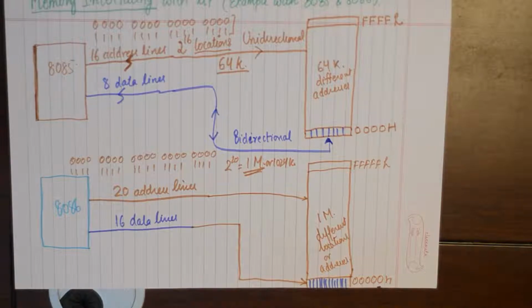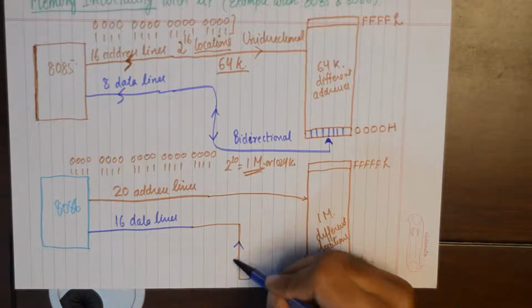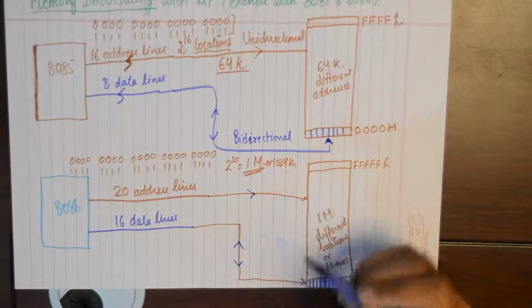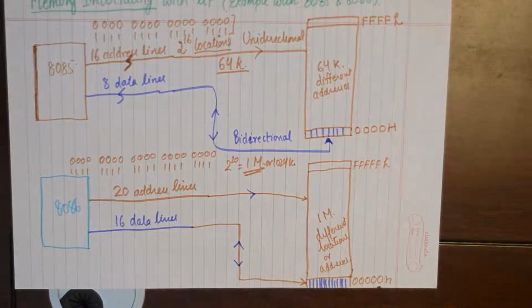Once again, needless to mention here, the data lines are bidirectional in nature, address lines are unidirectional in nature, and there is a mechanism within the microprocessor that writes the 16-bit long address on the address lines, and once that address is written, the microprocessor goes to that address in the external memory to access it.